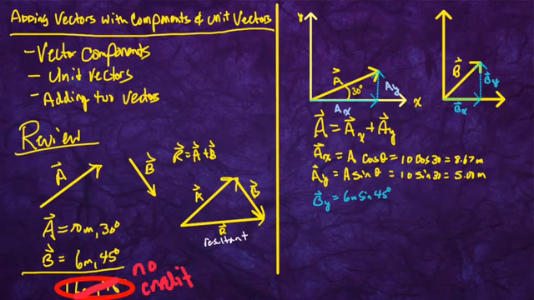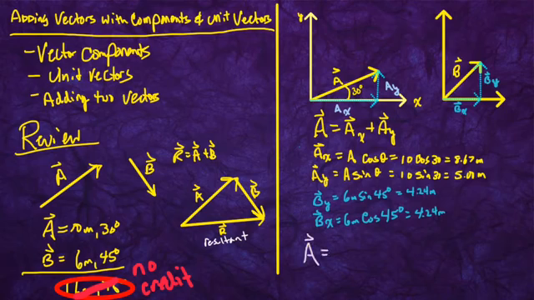Okay, and so in this case, By equals 6 meters times sine of 45 degrees, which is going to be 6 times root 2 over 2. So that's 4.24. And then we have the 6 meters times cosine 45, which is the same stuff. So that's going to be 4.24 also. So now we have the two components of A, and we have the two components of B.